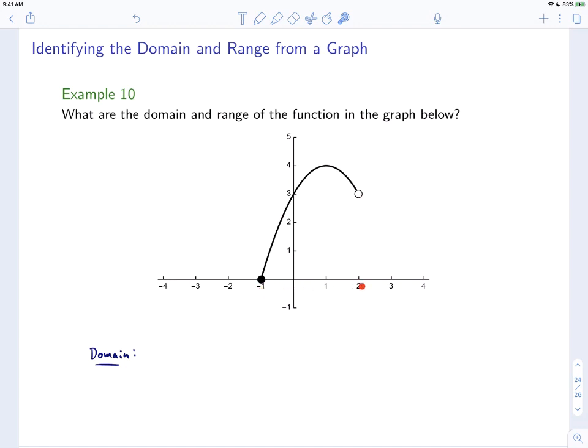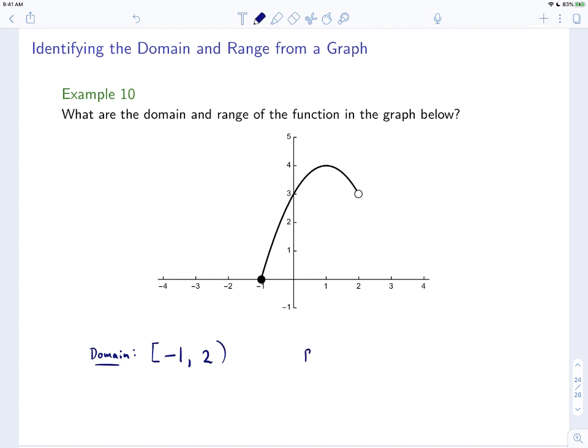The largest x value is not 2, because we're excluding 2. So the domain goes from -1 to 2. We include -1, but you exclude 2.